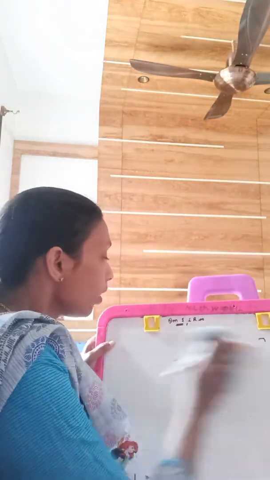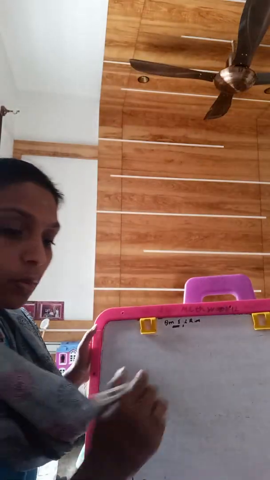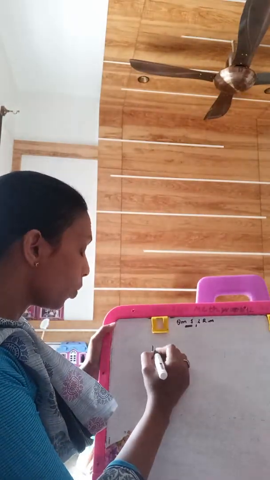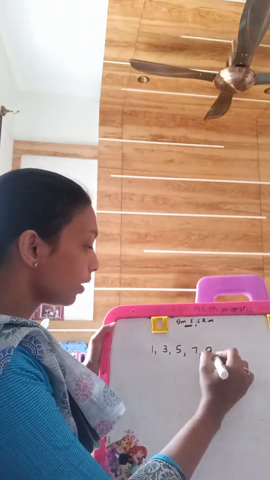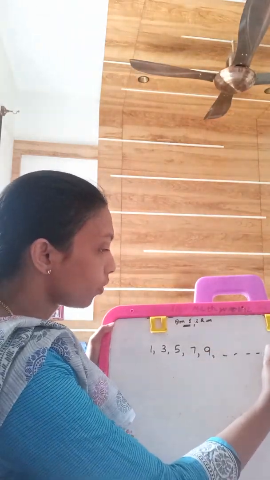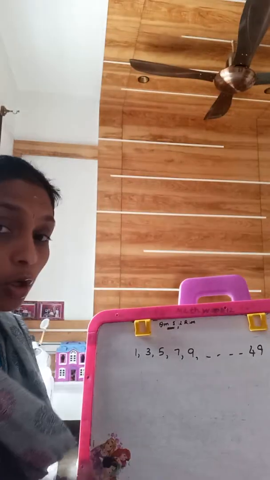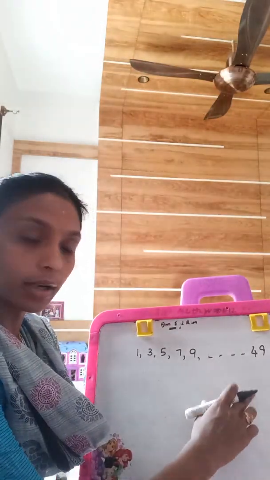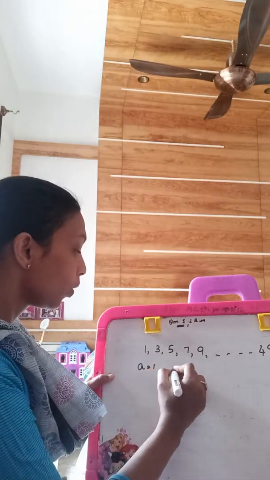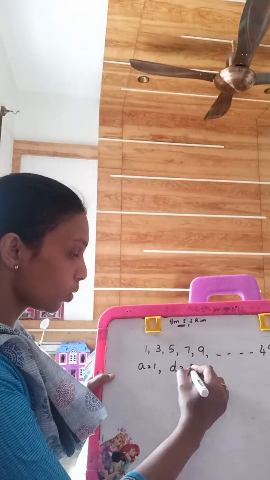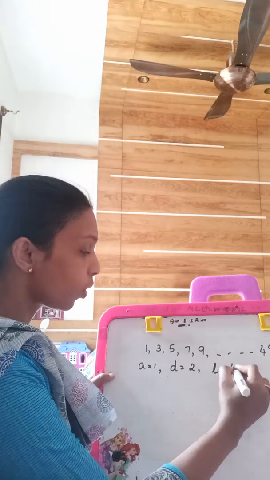Now, let us find out for a finite sequence. One example for this will be 1, 3, 5, 7, 9 and so on up to 49. We know the last term. What is L? A is 1. What is D, children? D is 2 and L is 49.